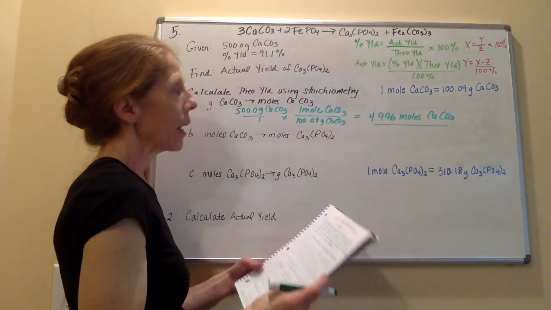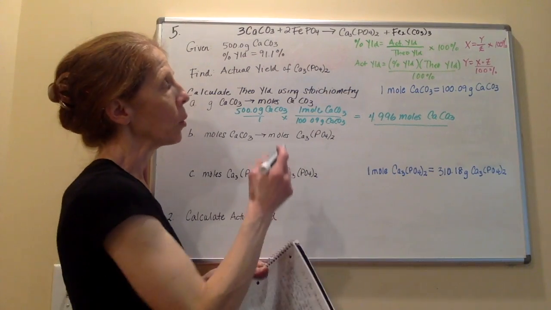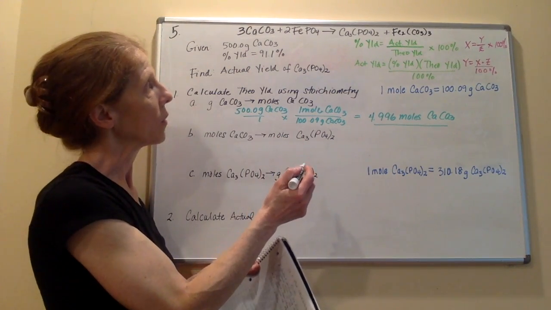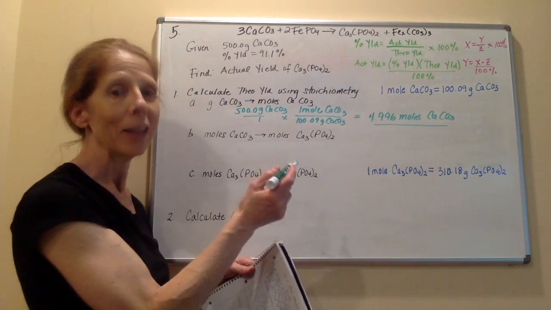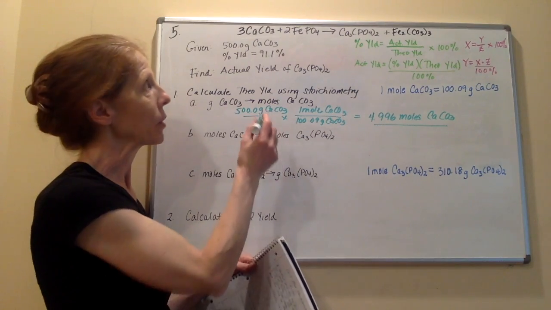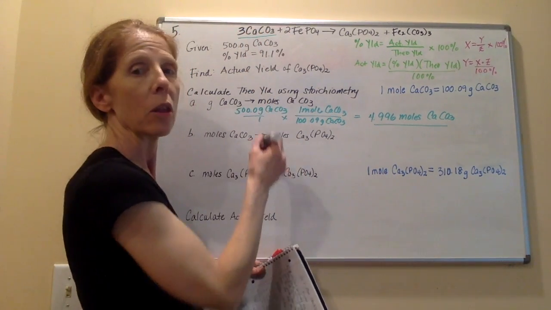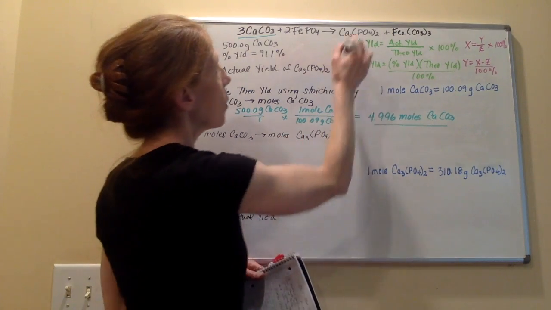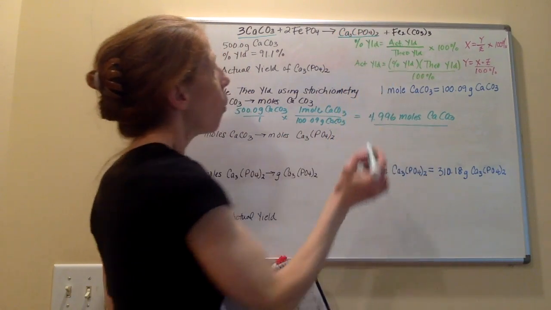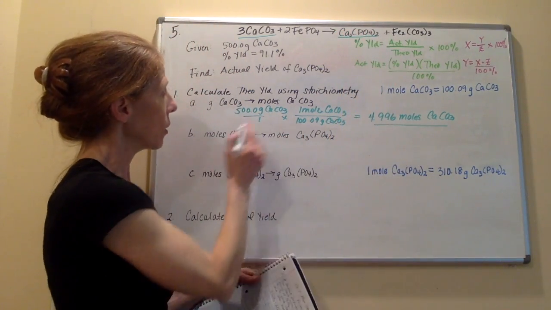Now I've got to relate moles of calcium carbonate to moles of calcium phosphate. And how do I do that? I do that by looking at the balanced chemical reaction. And I can see that for every 3 moles of calcium carbonate that I start with, I only produce 1 mole of calcium phosphate. So let's go ahead and do that.